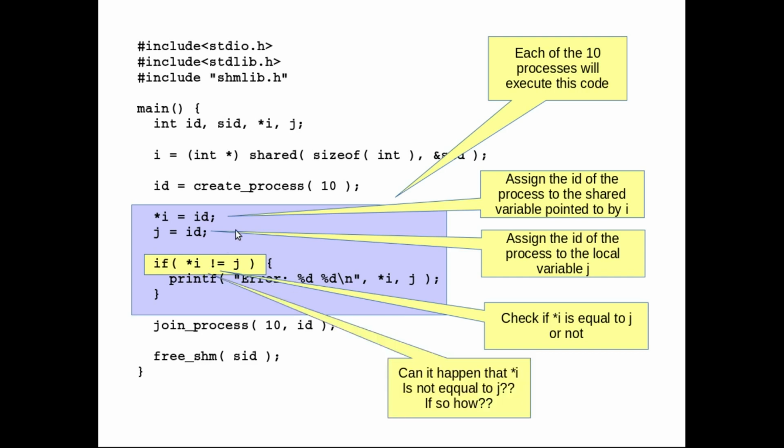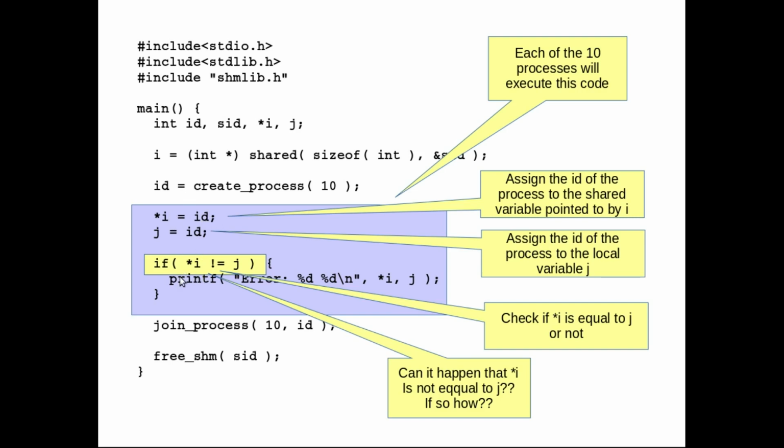Now in normal sequential code, it will never be the case that star of I is not equal to j, because we are assigning the same value ID to star of I and also to j.